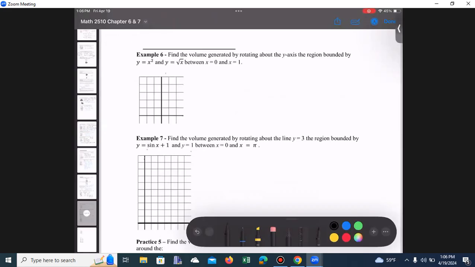Okay. Now we want to find the volume generated by rotating about the y-axis the region bounded by y equals x squared and y equals square root of x, and again from 0 to 1. So 0, make this 1.